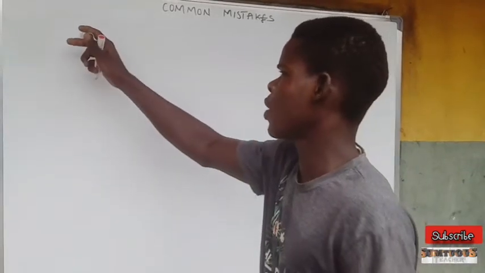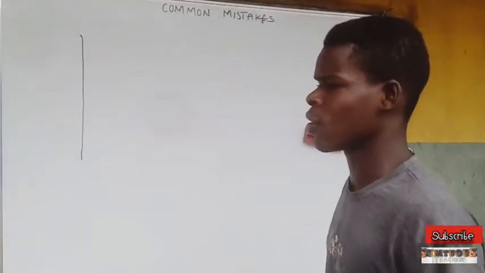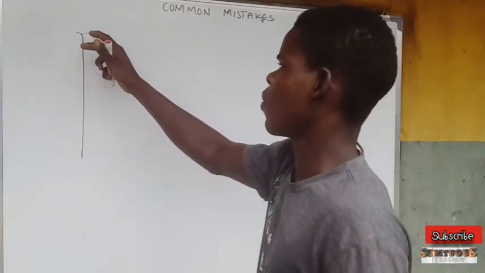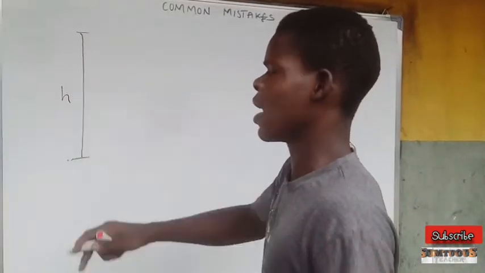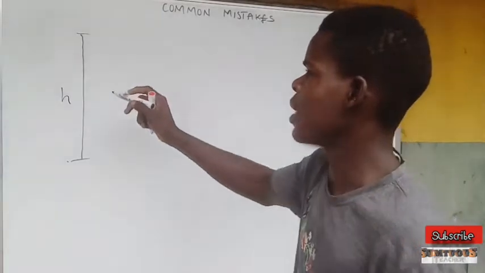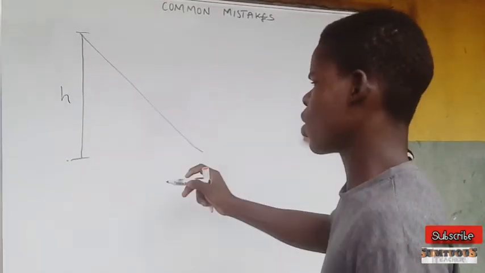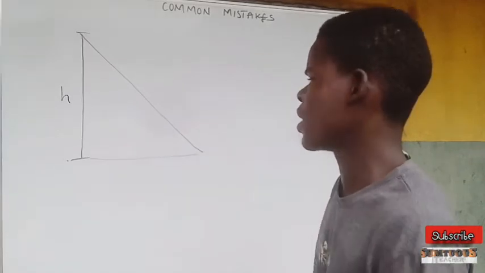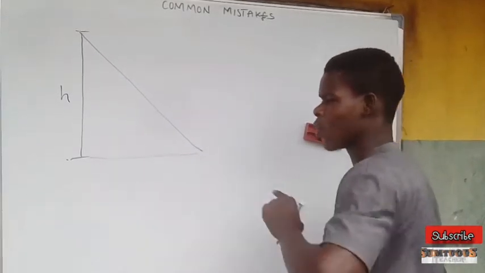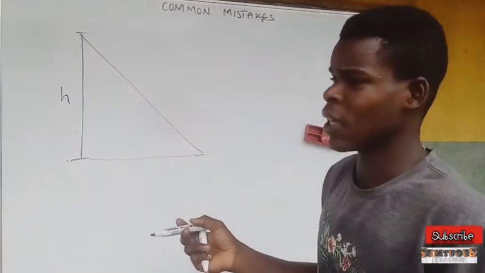Maybe you're given a tower of a particular height in the initial statement of the question. They tell you that the angle of depression from the top of the tower to something down, let's say a boat, which is at the same level as the foot of this tower, is something like this.